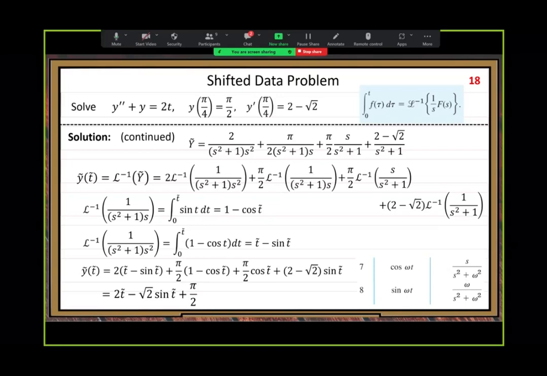But the y tilde function is given in t tilde, so we need to go back to the original t variable, not t tilde. Since t tilde equals t minus pi over 4, we just replace t tilde by t minus pi over 4. After simplification, we get this expression. That's our solution.